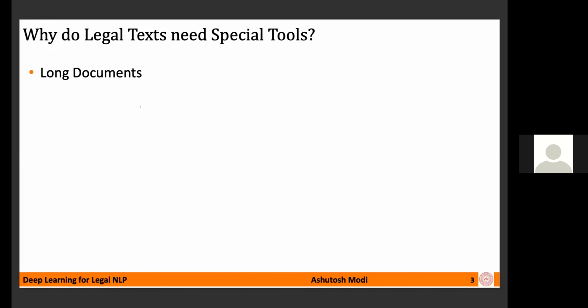Right. The first and foremost challenge with legal text is that legal documents are usually super long. For example, court judgments typically have, on average, around 3,000 tokens. This is in contrast to the much shorter documents used to train conventional NLP models.